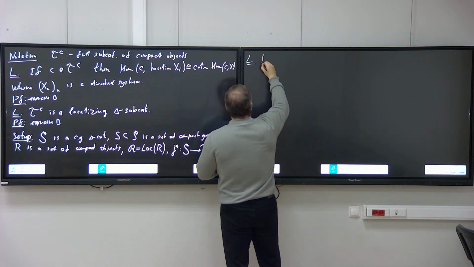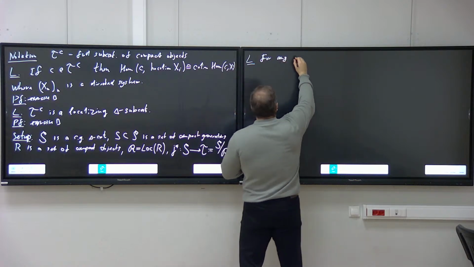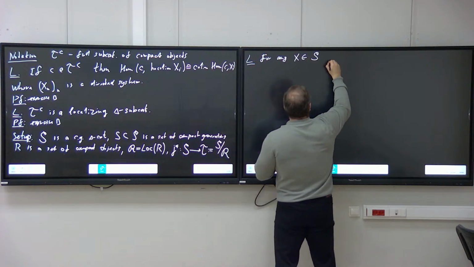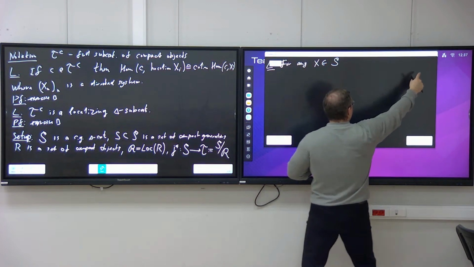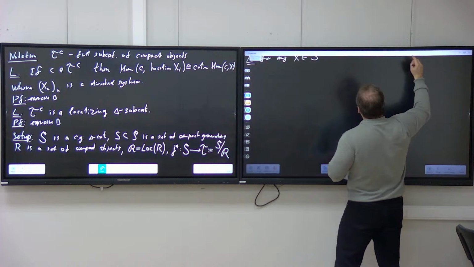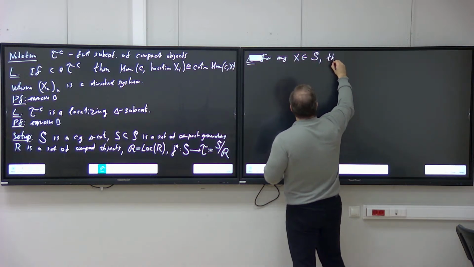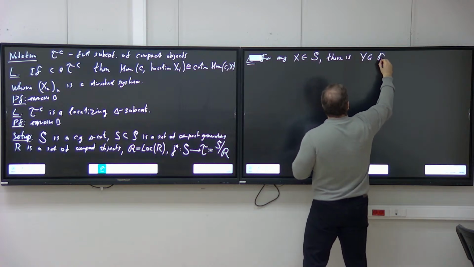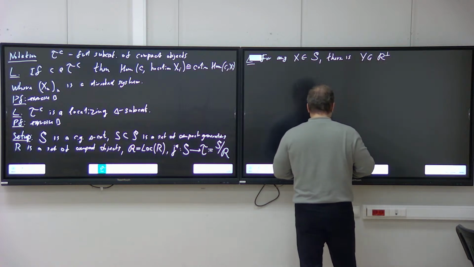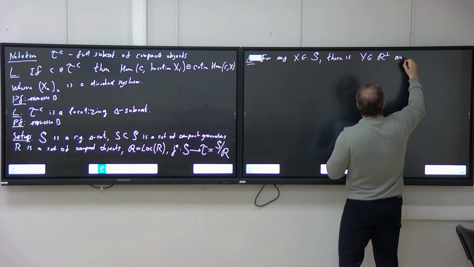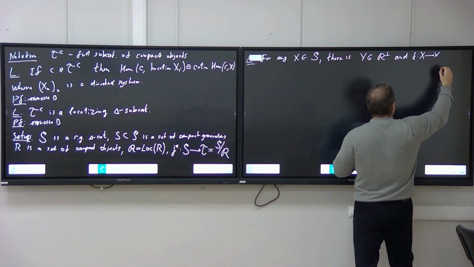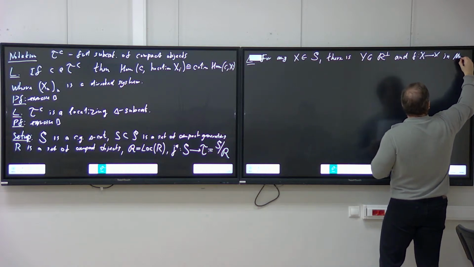So for any x in the S, there is y in the right orthogonal to the R, and the map f from the x to the y in more R.